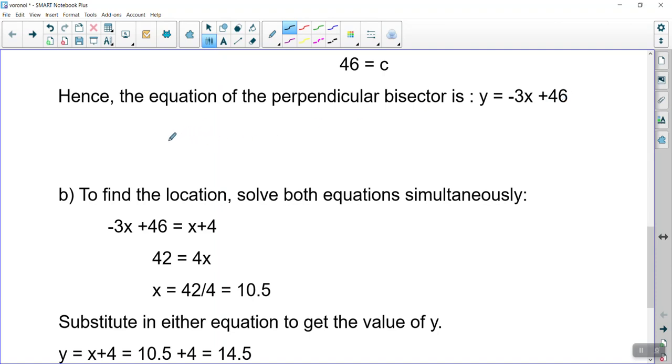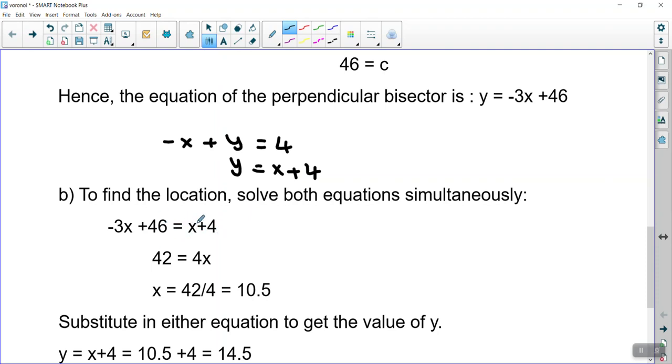But the equation of the road is given to us as minus x plus y equal to 4. Convert this also into the form y equal to mx plus c, which gives us y equal to x plus 4. Now you have two equations and solve them together. On the left hand side, I copy down the equation of the perpendicular bisector, and on the right hand side, the equation of the road.